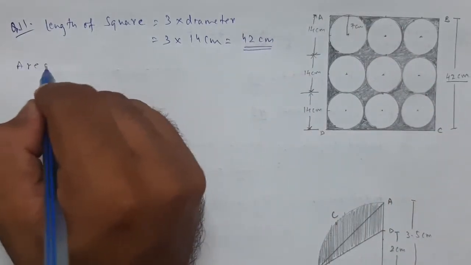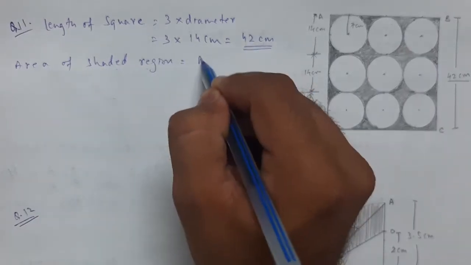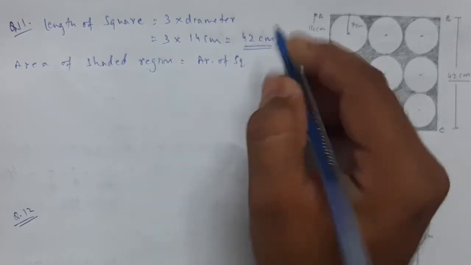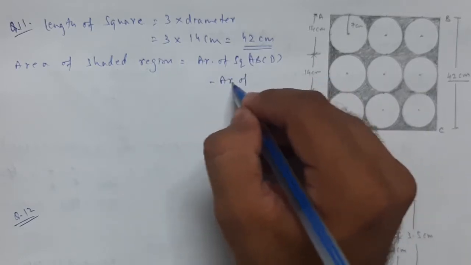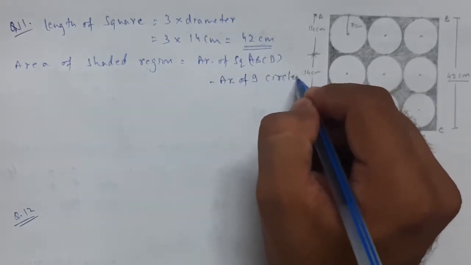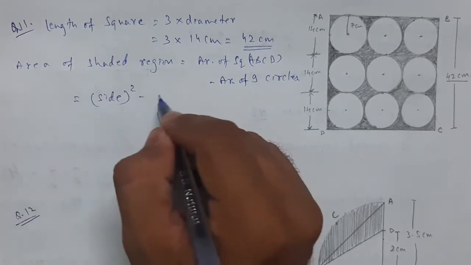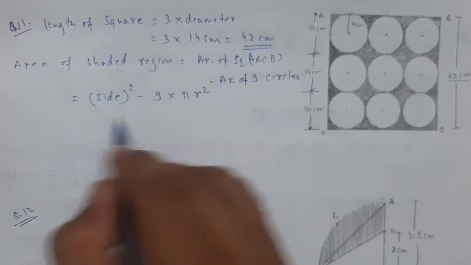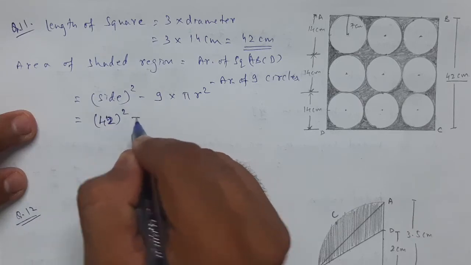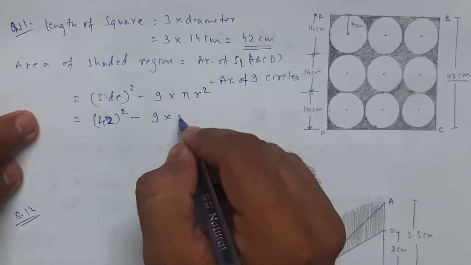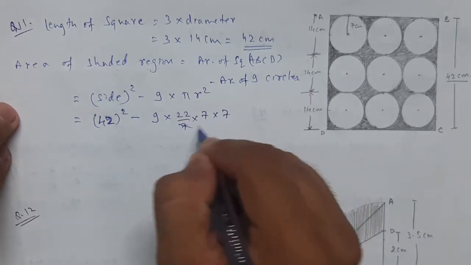So area of shaded region is equal to area of square ABCD minus area of 9 circles, that is equal to side square minus 9 into pi r square, that is equal to 42 square minus 9 into 22 by 7 into 7 into 7, and cut.